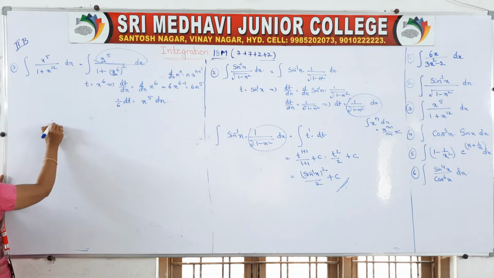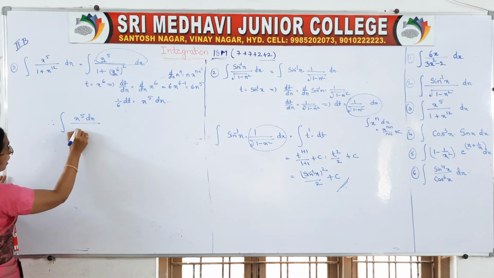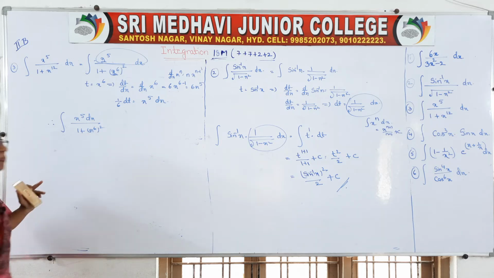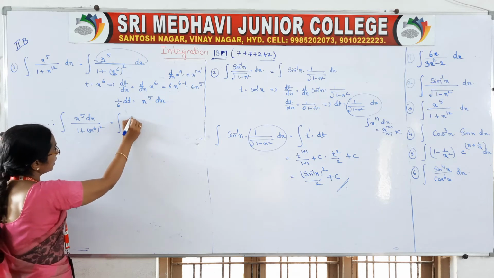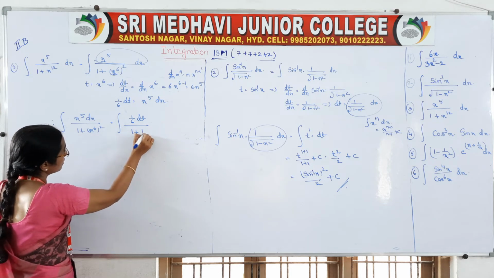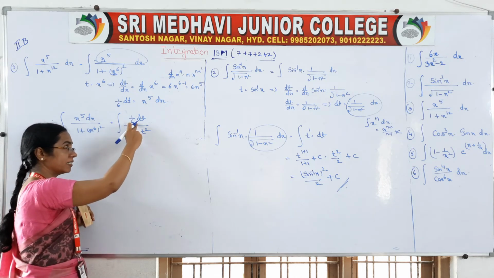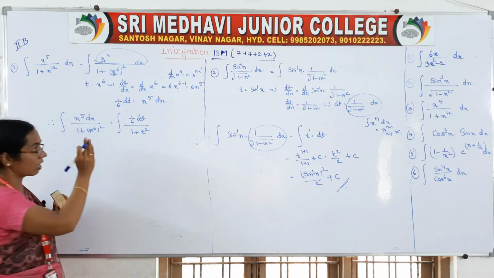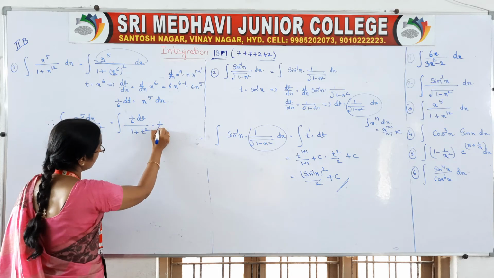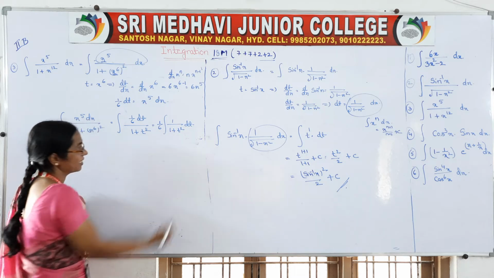Therefore, integral x to the power of 5 dx by 1 plus x to the power of 6 whole square is equal to 1 by 6 dt by 1 plus t square. In the integral, if a number is there, it is a constant, we have to write it outside. So you take it outside, so now it is 1 by 1 plus t square dt.